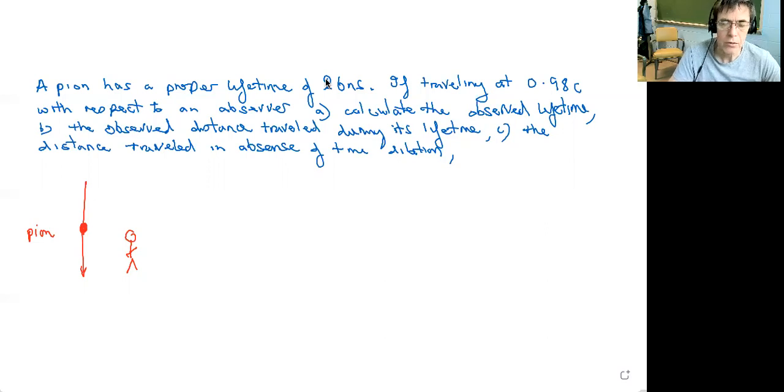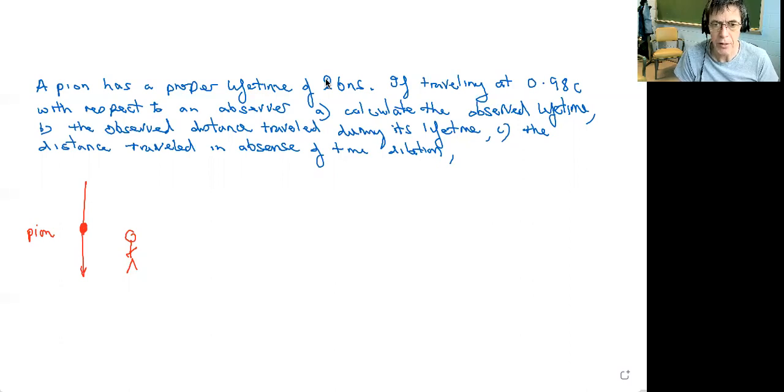Wanted to work through a problem that involves relativity and specifically involves time dilation, one of the important features of relativity. In this particular problem, we're thinking about an unstable subatomic particle.